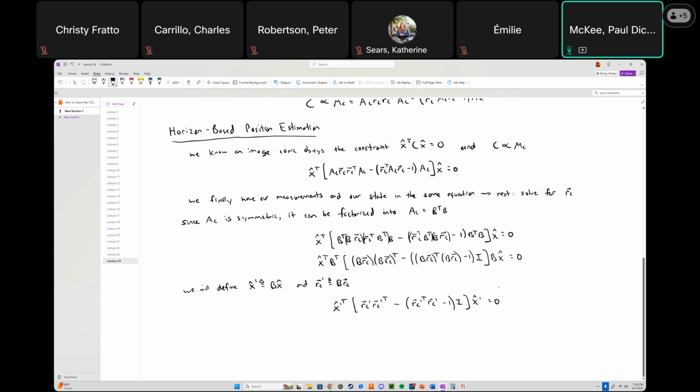Okay. So what we have now, say this equation describes the problem of navigating relative to a unit sphere.